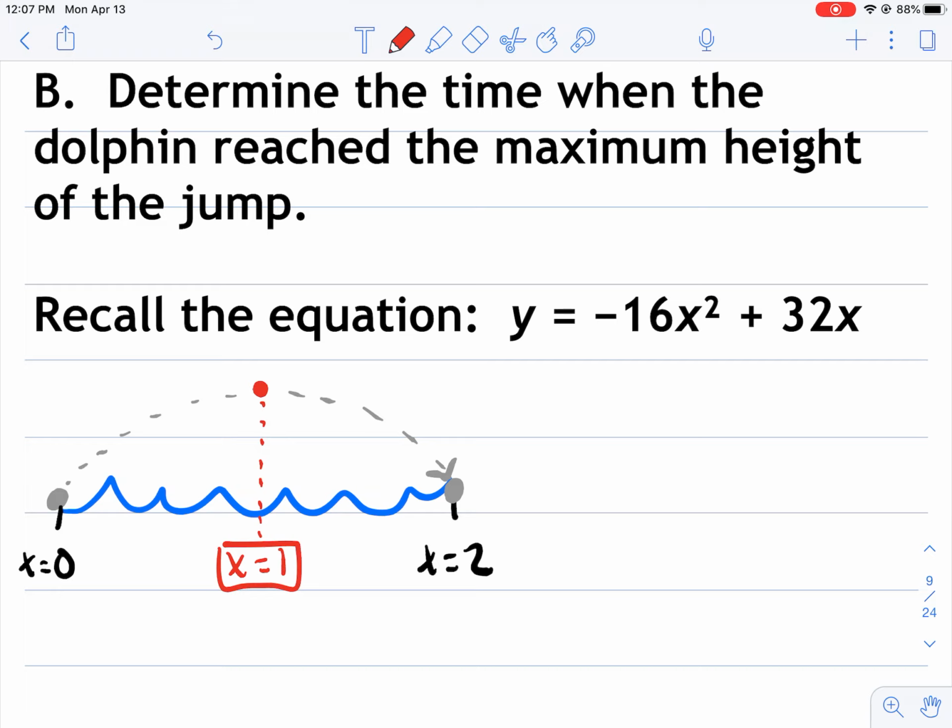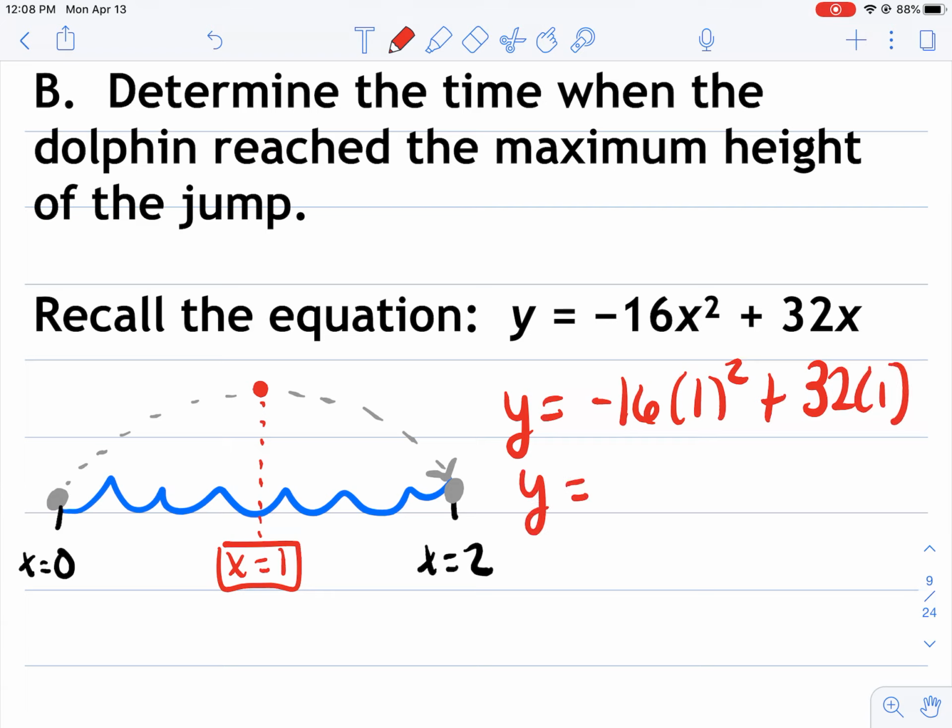So all I have to do to find out how high that is, is replace x with 1 in my equation and get the value for y that accompanies that. So that's what I'm going to do over here. So I have y equals negative 16 times 1 squared plus 32 times 1. 1 squared, of course, is 1. So y equals negative 16 times 1 plus 32.